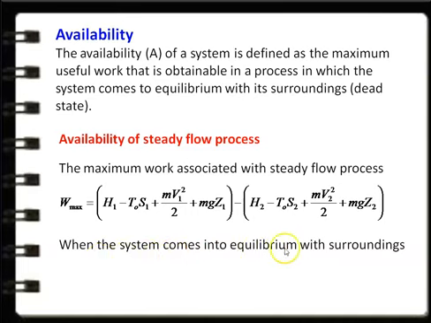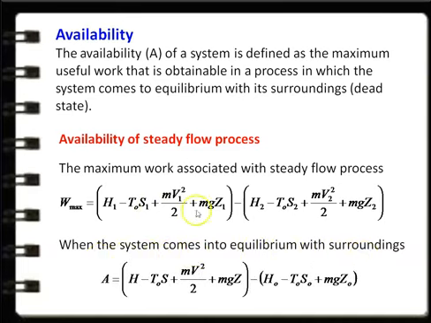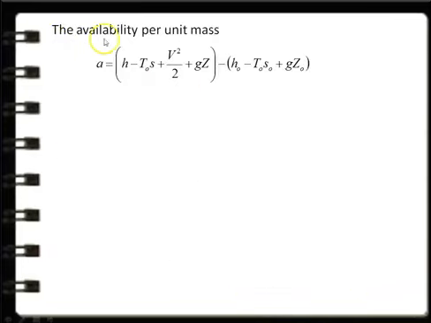When the system comes into equilibrium with the surrounding, H2 becomes H0, S2 becomes S0, velocity is 0 so that term is dropped, and Z2 becomes Z0. This simplifies to H1 minus T0 S1 plus m V square by 2 plus m g Z, minus H0 minus T0 S0 minus m g Z0.